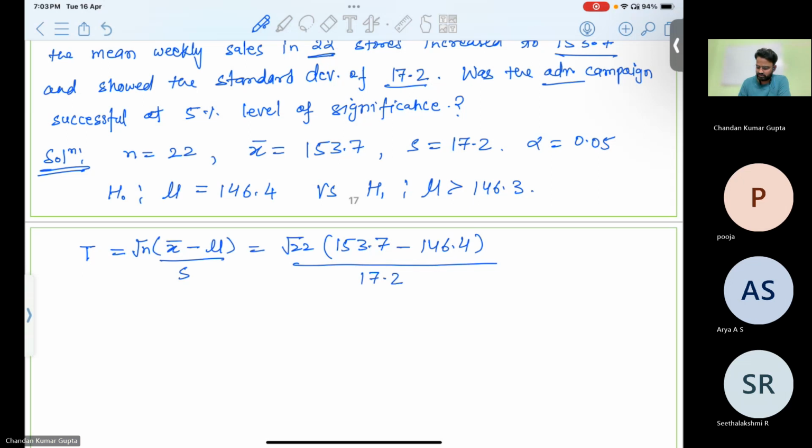So it is root 22 multiplied by 7.3 over 17.2. After calculation, it is a simple thing, so you people calculate. T comes out to be approximately 1.96, 1.9695 something. So our value will be like this.